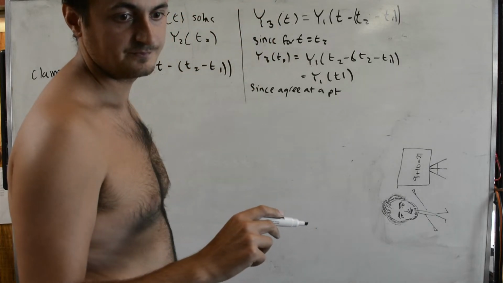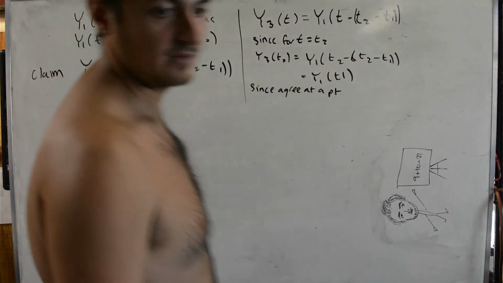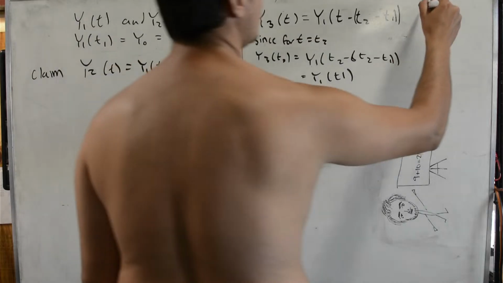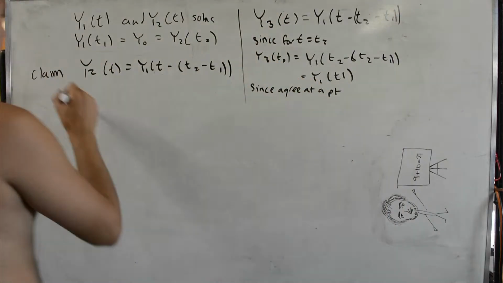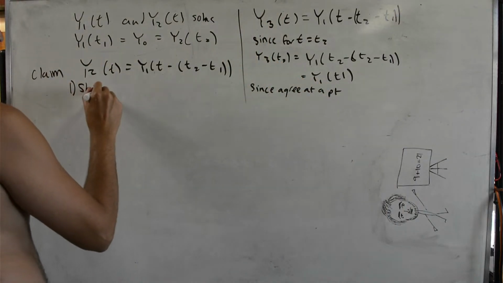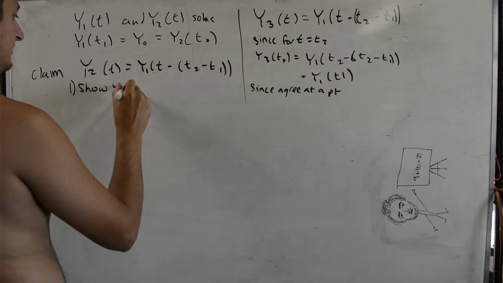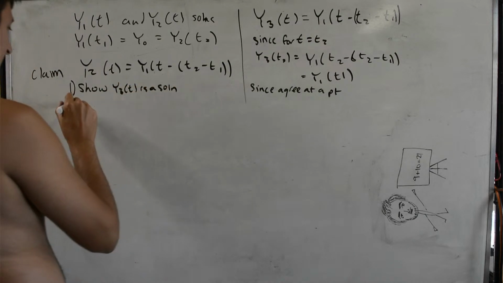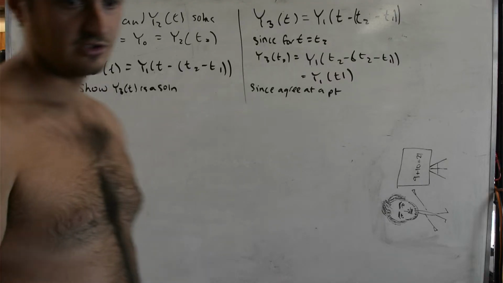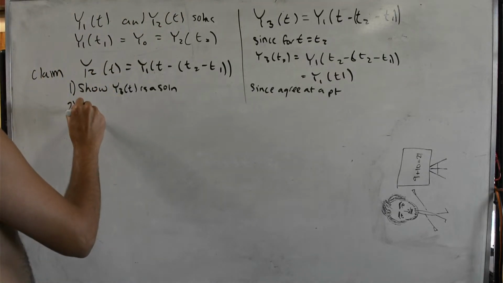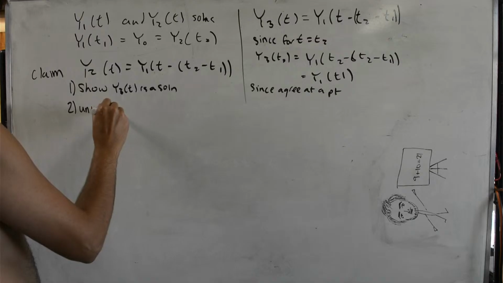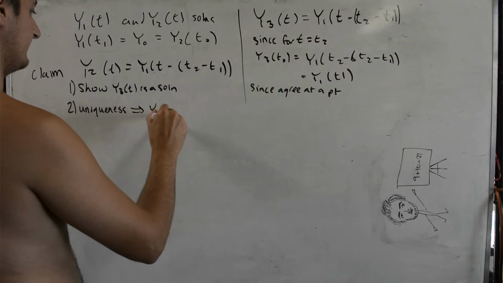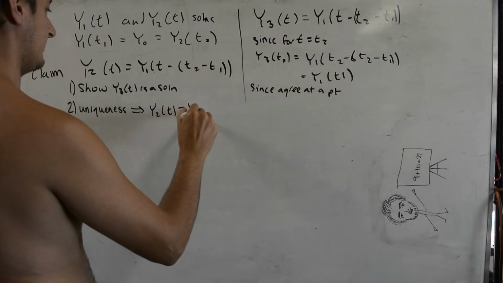But the way that we're going to do it, the proof outline is: one, show y3 of t is a solution. And the second part is we're going to show that uniqueness implies that y2 of t is the same as y3 of t.